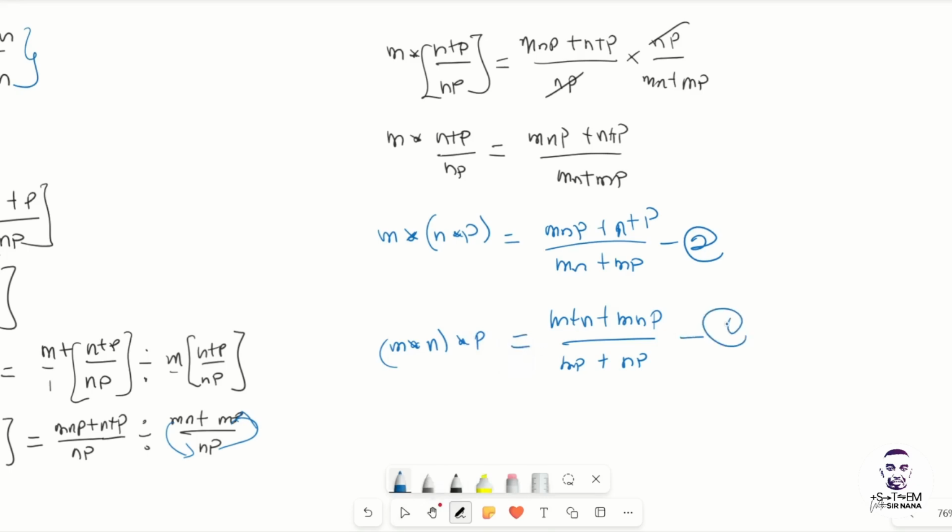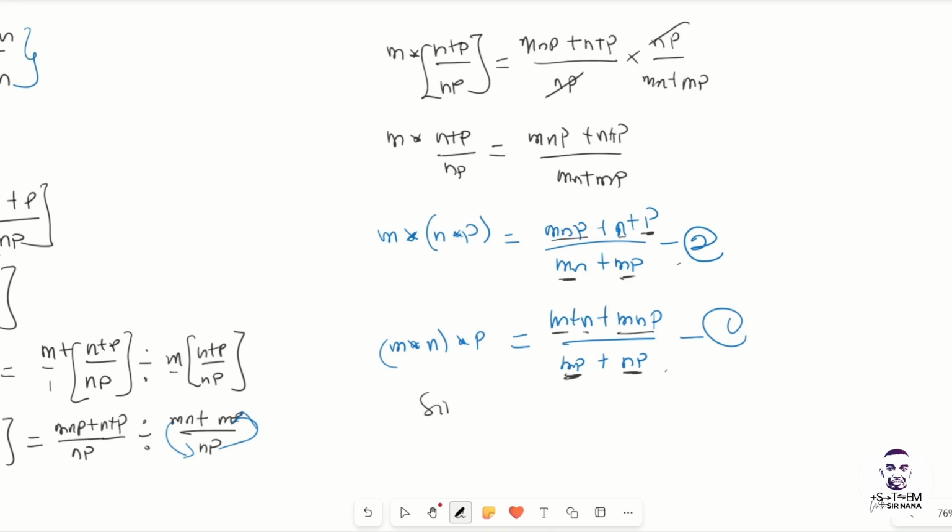So this is equation 1. So now we can compare equation 1 and equation 2. Now we see we have mnp at the top here. We also have mnp here. Now in the top here we have n, we have n here. And then the top here we have m, but here we have p, right? Here we have mp, we have mp. Then we have np, but then we have mn. So it means that they are not the same.